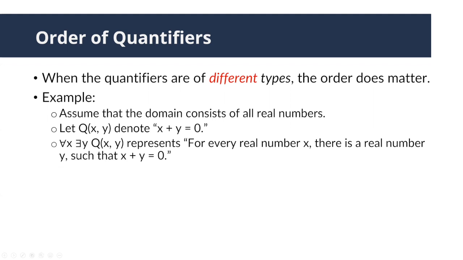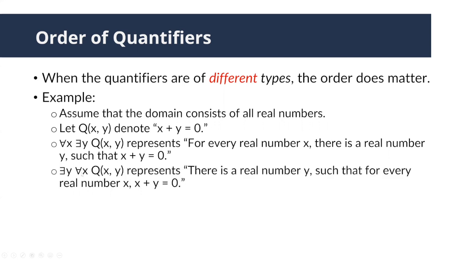Now, this logical expression represents for every real number x, there exists a real number y such that x plus y equals 0. Let's swap the positions of these two. We have this one. But this one means there is a real number y such that for every real number x, x plus y equals 0.